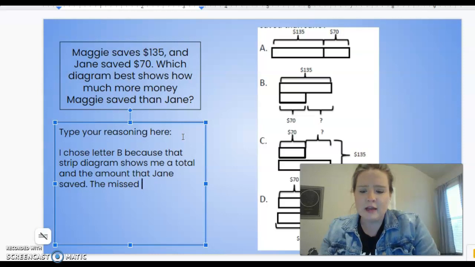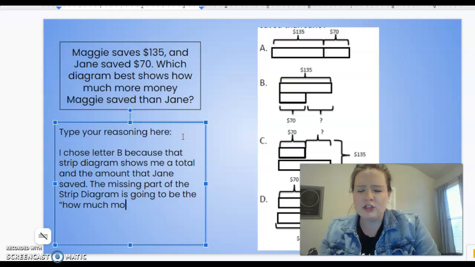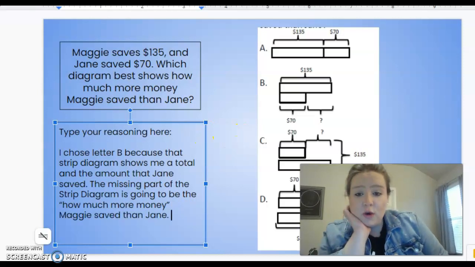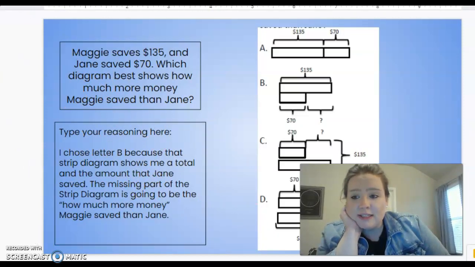The missing part of the strip diagram is going to be how much more money Maggie saved than Jane. Okay, you need to explain your answer, okay? That is really, really important.